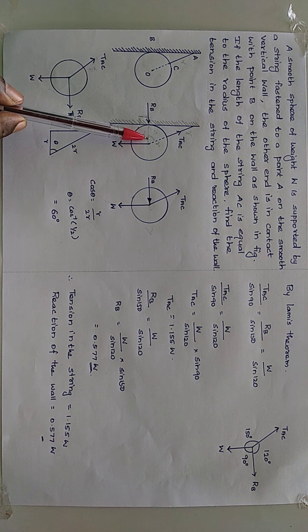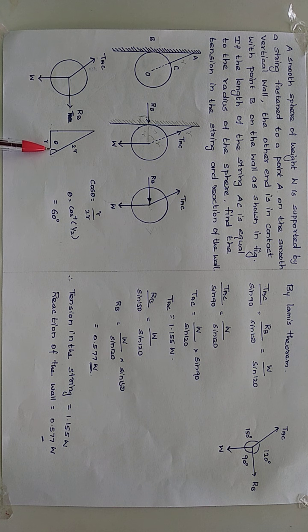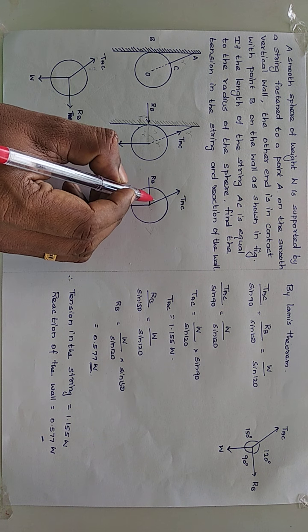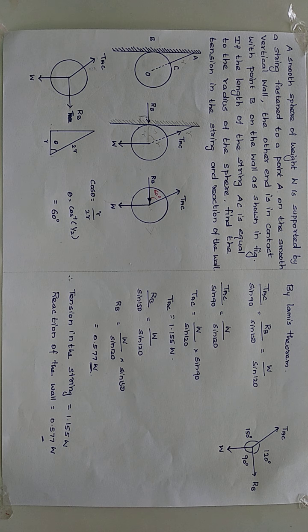Here we can use the adjacent side and hypotenuse, so we can use cos theta. Cos theta means adjacent side by hypotenuse. The adjacent side is R, the hypotenuse is 2R. So theta is equal to cos inverse of this, and we get the angle as 60 degrees. So this angle is 60 degrees.